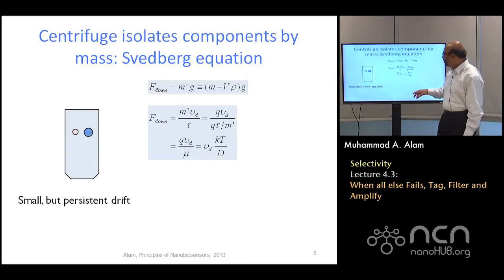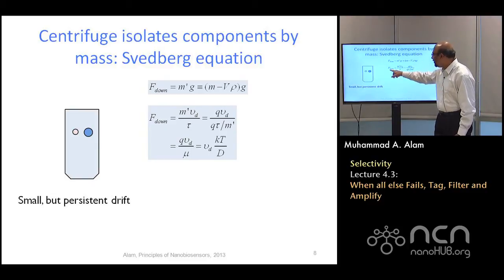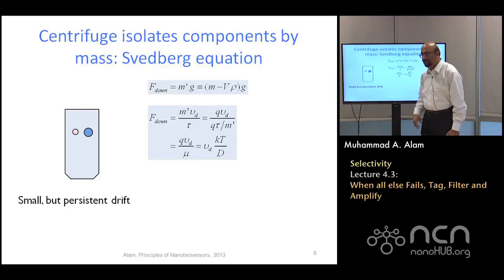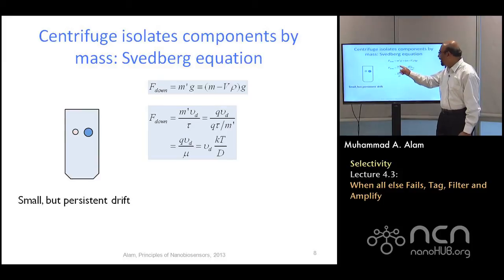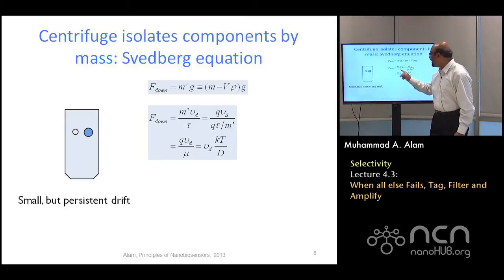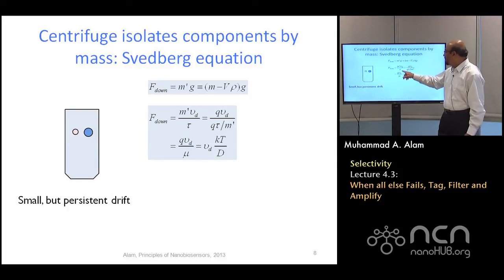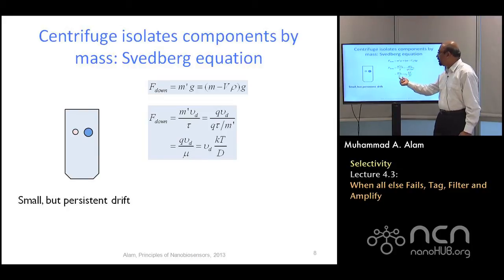However, you can also write down the downward force in a slightly different form. As the molecules are gradually getting down, m star m prime vd is the net momentum going down, and they are getting scattered every tau seconds. So the net force down is given by this relationship. Now you can multiply top and bottom by q and flip the m star. q tau over m star is known as the mobility.